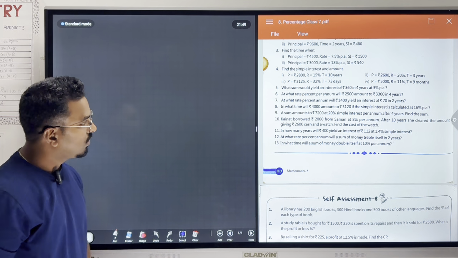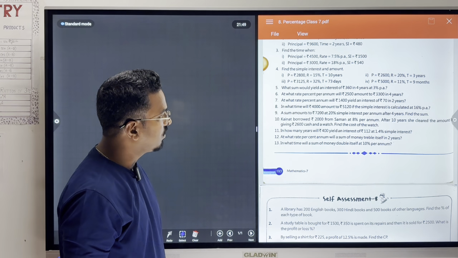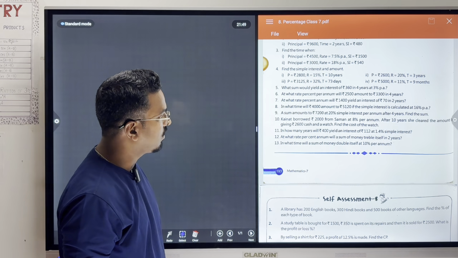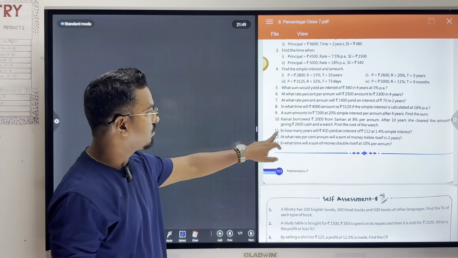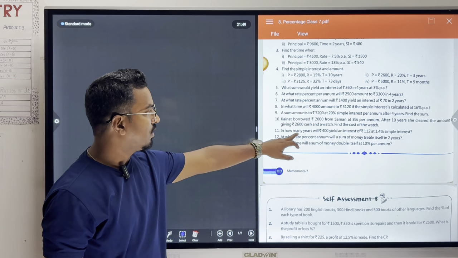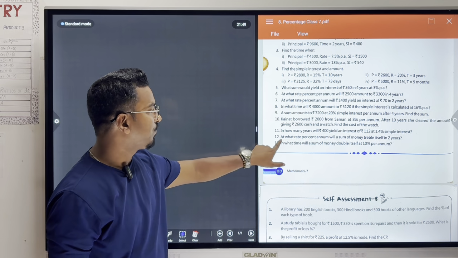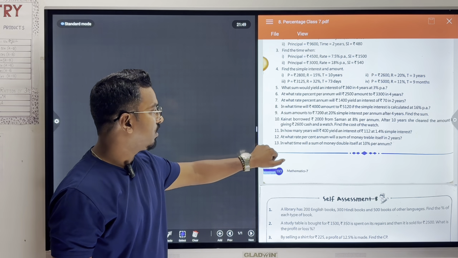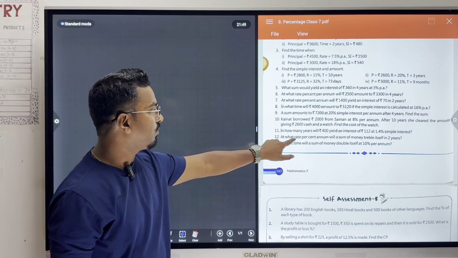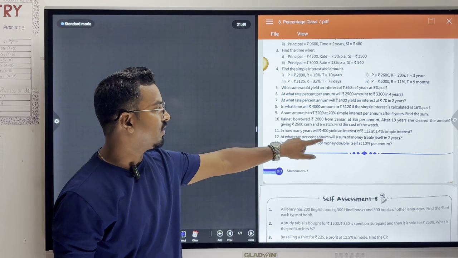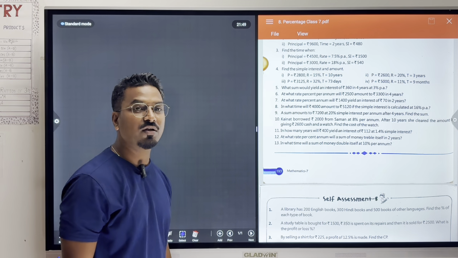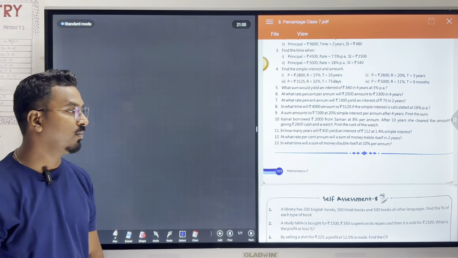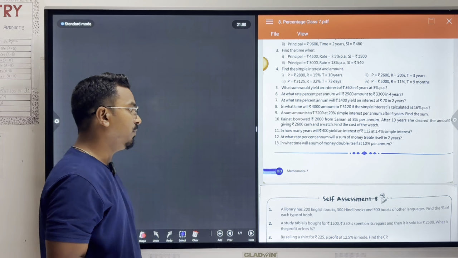Moving to the next question: in how many years will 4,000 yield rupees 11 as interest? Okay, this also you can find by using the formula to find the time. We'll do question number 12. At what rate percent per annum will a sum of money triple itself in 2 years? Triple means it will be 3 times.